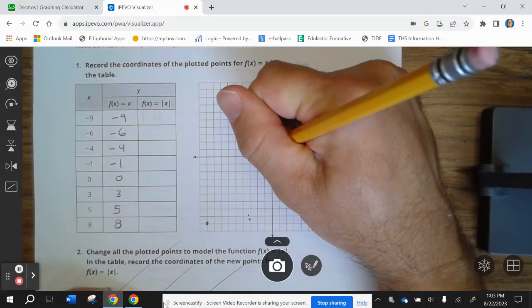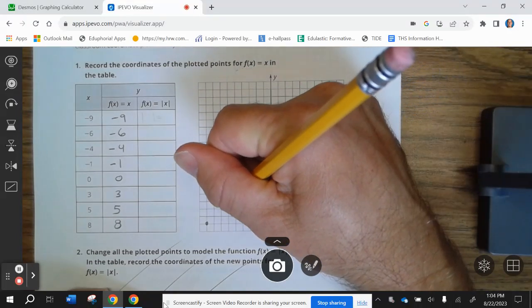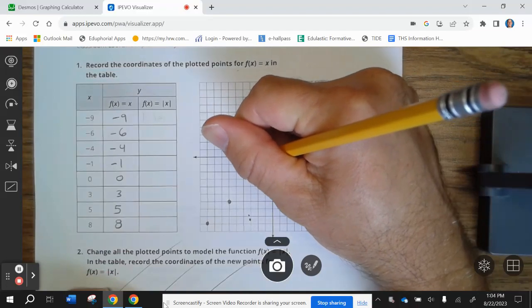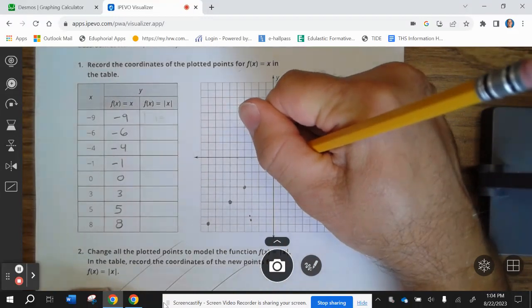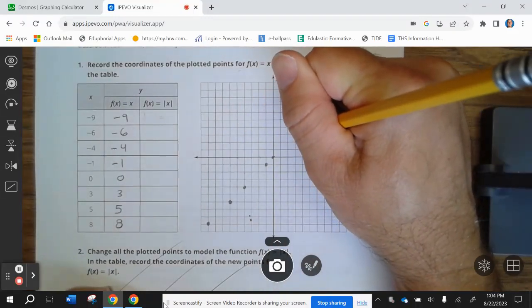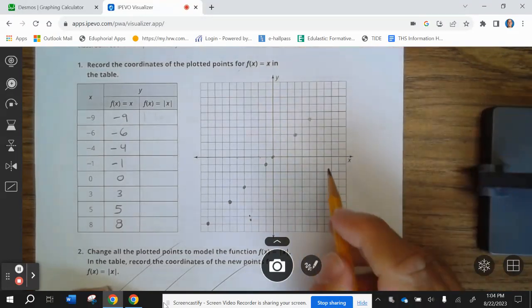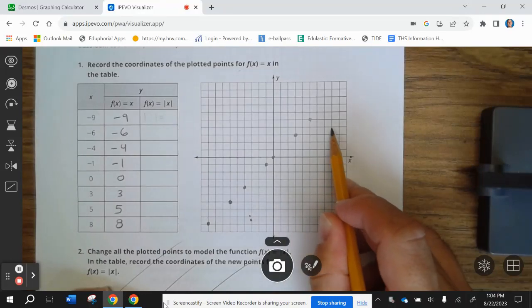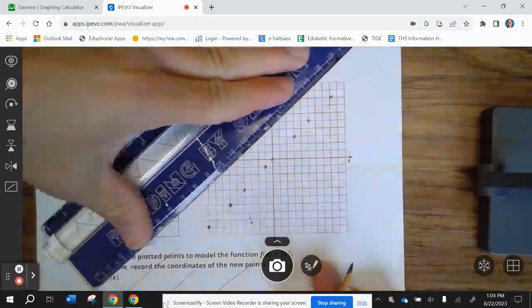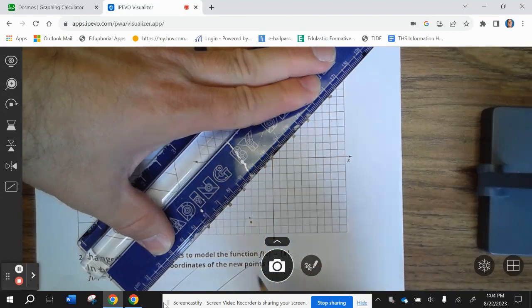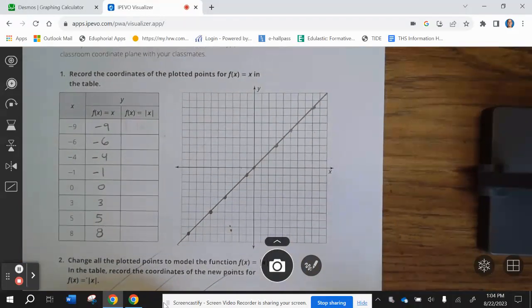Negative 6, 3, 5, and 8, plotting each point along the axes. Okay, that's f of x equals x.